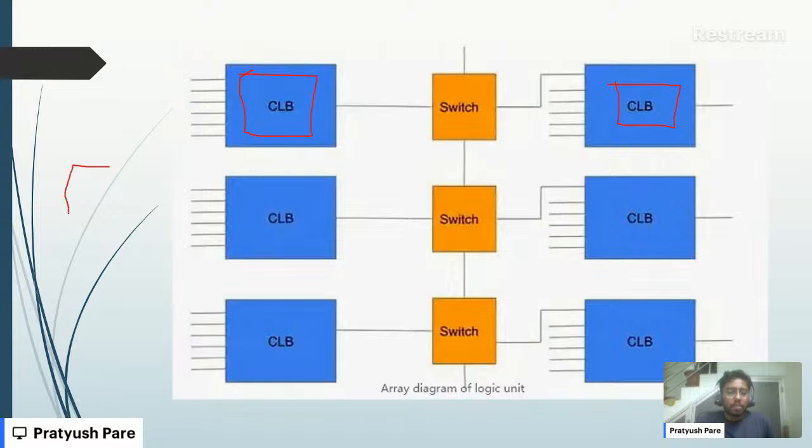Let's say you have a flop, and this flop is getting clock 1 and this flop is getting clock 2, and these clocks are different across the domains.